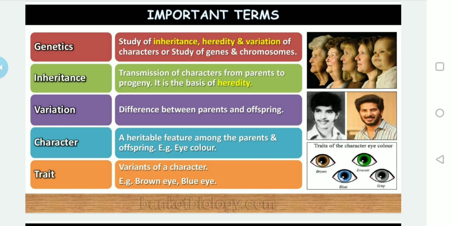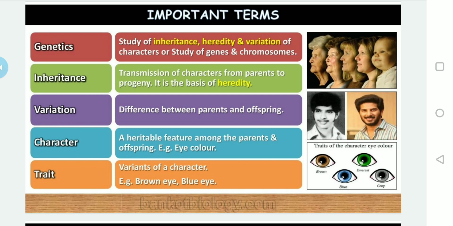So then the question arises, are they not their children? Of course they are, but how does it happen? It is because of variations. The change in the hereditary characters is called variations, or we can also say the degree of differences between parents and offspring.